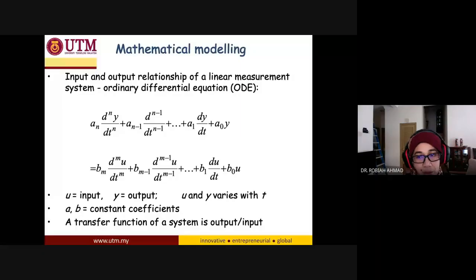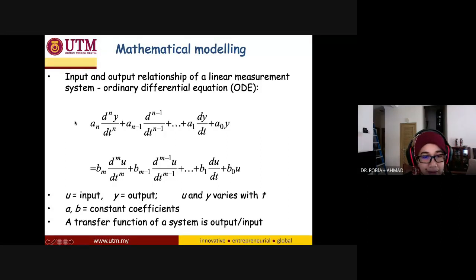The general equation that usually represents this input and output relationship of a linear system can be represented by the ordinary differential equation, or we call it ODE. If you look at this slide, the left hand side is the order of the system as well as its derivatives of the output, equal to the coefficients of the inputs.